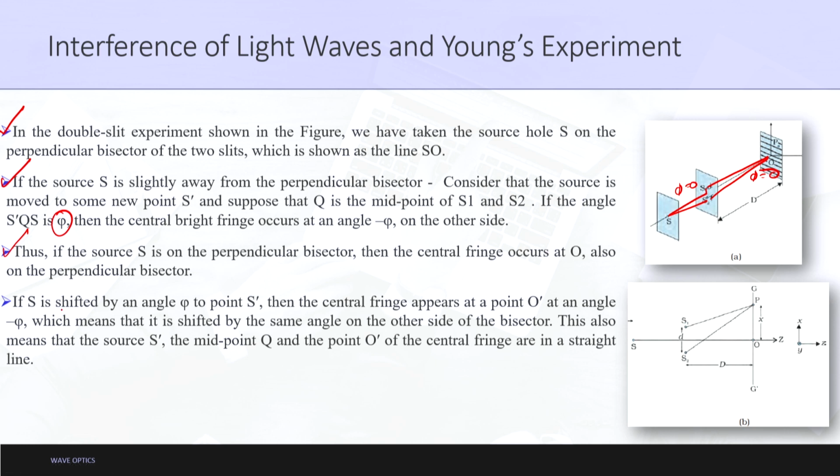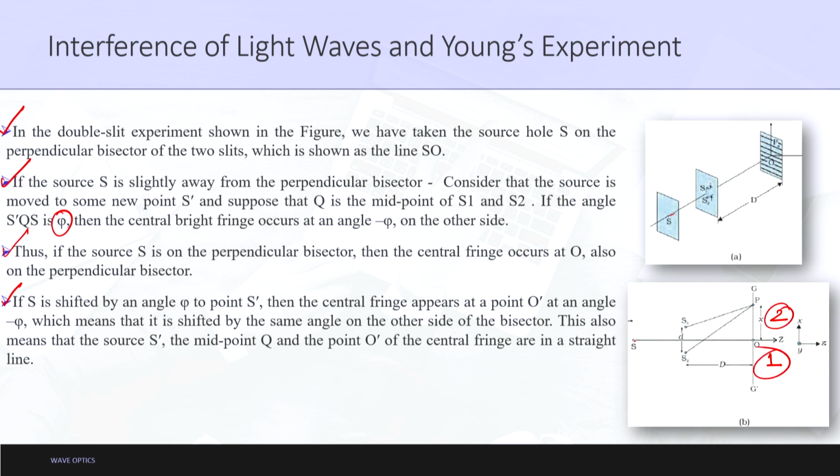And finally, if S is shifted by an angle phi to point S dash, then the central fringe appears at a point O dash at an angle minus phi, which means it is shifted by the same angle on the other side of the bisector. What does it mean by the other side of the bisector? Let us say this is S1 and this is S2.